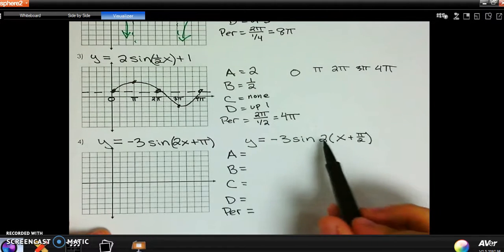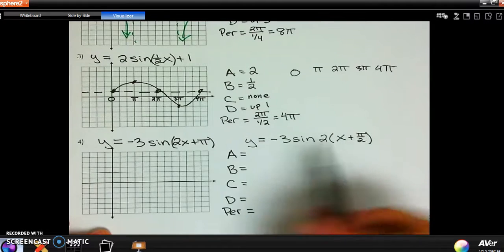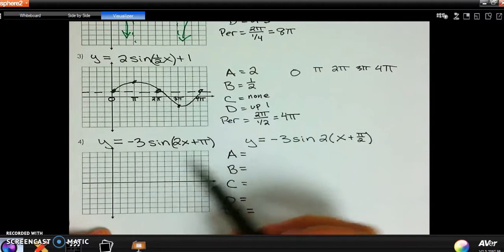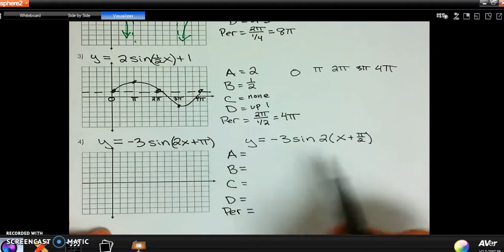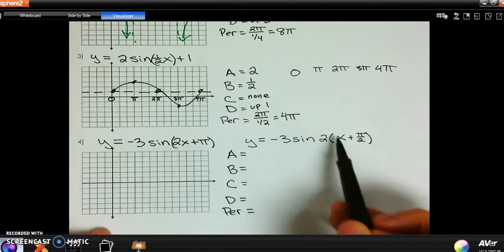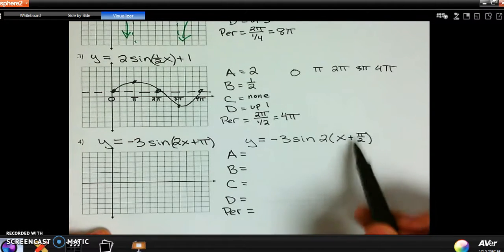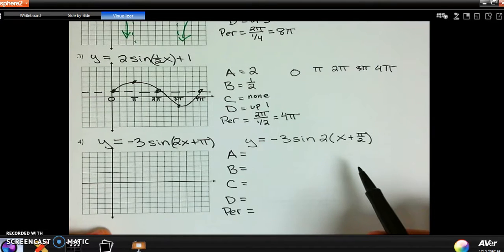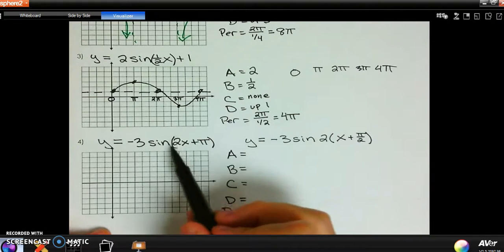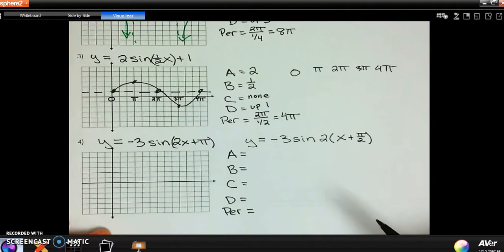And the way that you could check that is if you distributed this, it would take you back to the original. The other way to think about it is that you're dividing. So if you pull out a 2 here, you do 2 divided by 2 is 1. Pi divided by 2 is, well, it's pi over 2. So just keep in mind that you cannot determine your horizontal shift or your phase shift until you factor out that b value if there's parentheses. So I wanted to make sure I showed you that one.